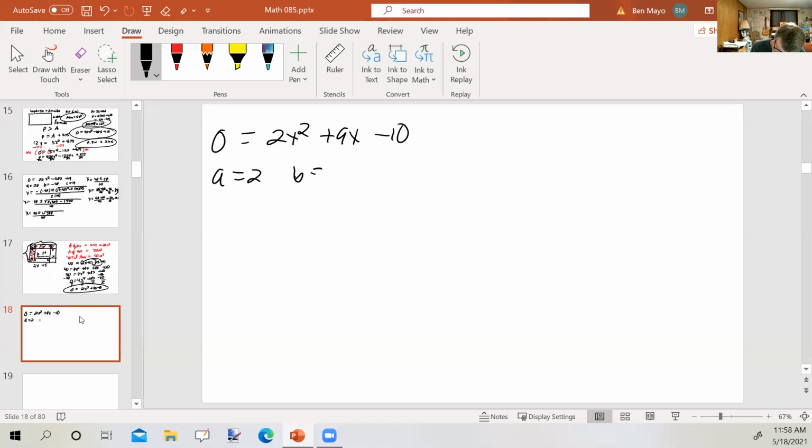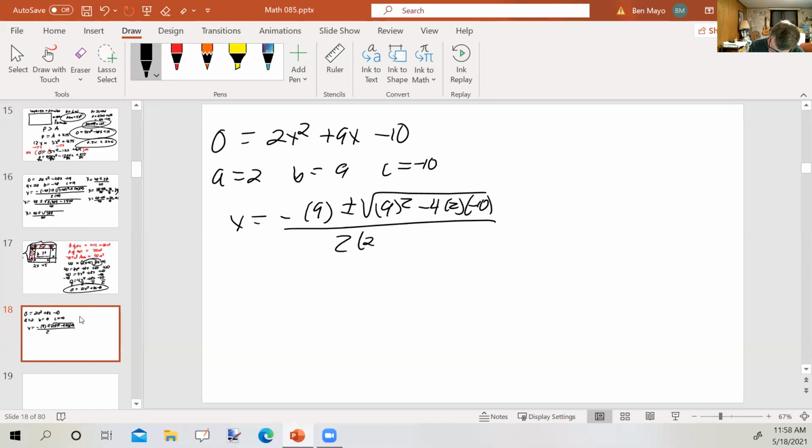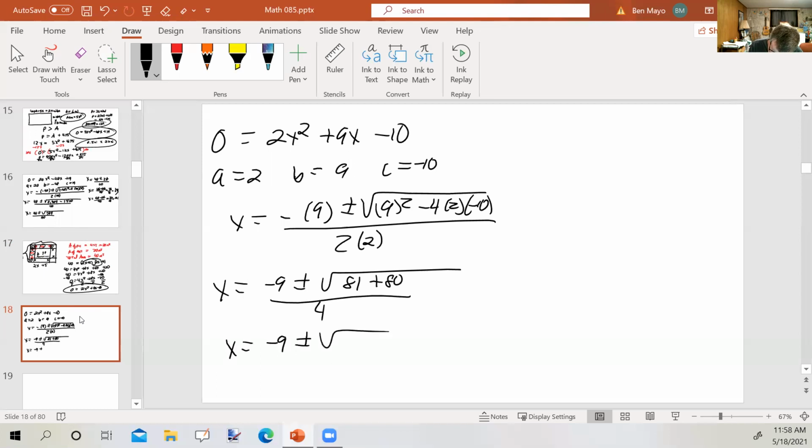A is 2, B is 9, C is negative 10. x equals negative b plus or minus the square root of b squared minus 4ac, all over 2a. x is negative 9 plus or minus the square root of 81 plus 80, since negative 4 times 2 times negative 10 would be positive 80, all over 4. x equals negative 9 plus or minus the square root of what? 161, all over 4. 161 doesn't come out nicely.